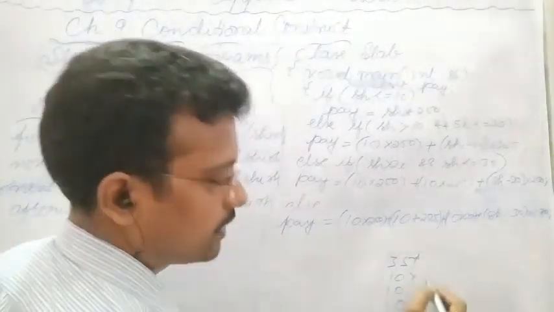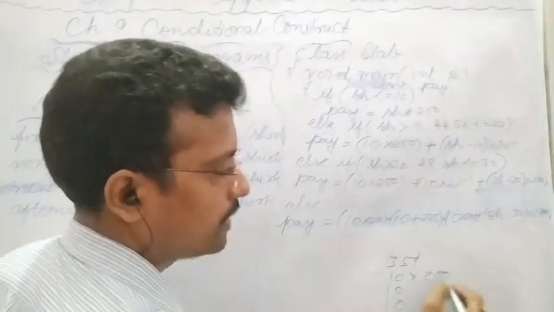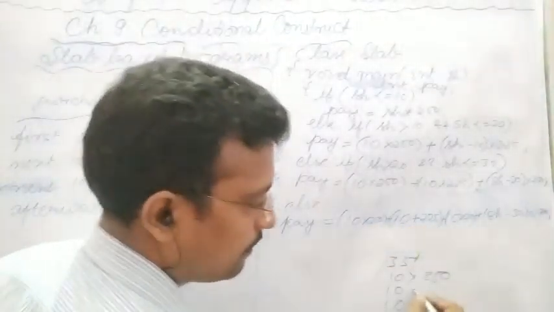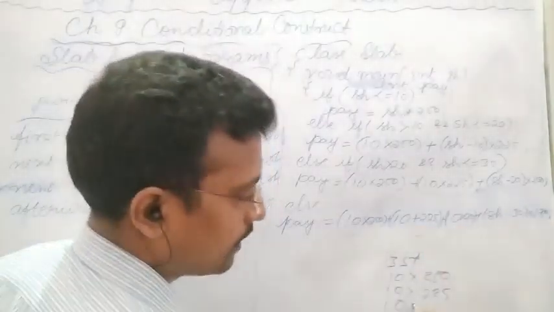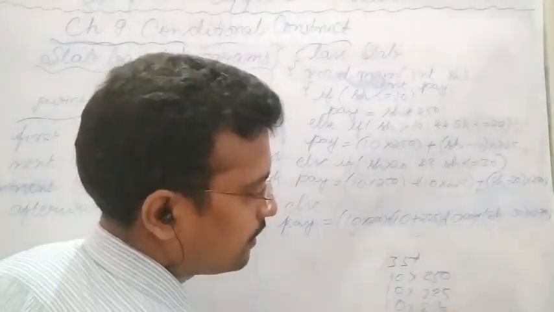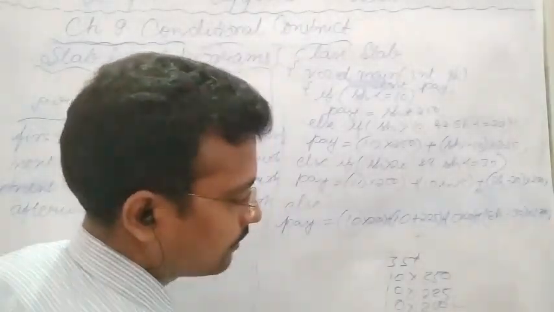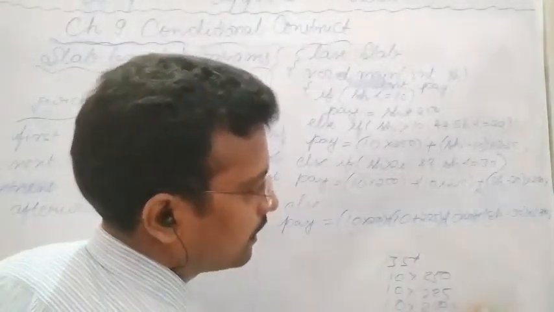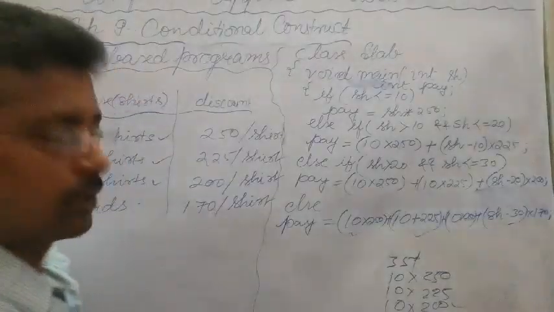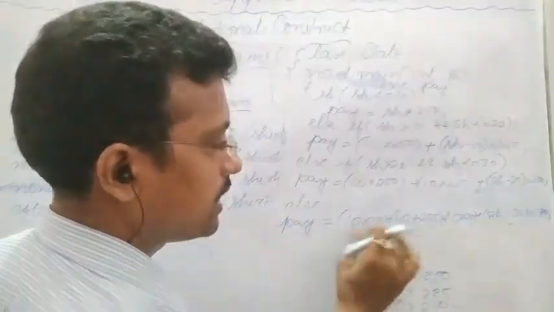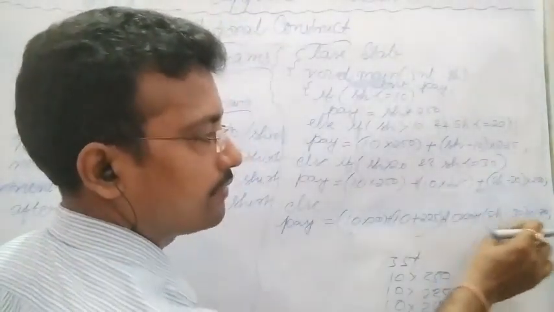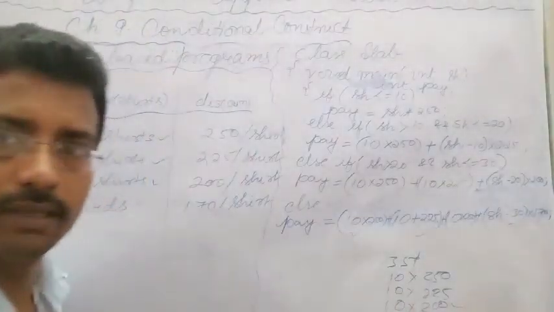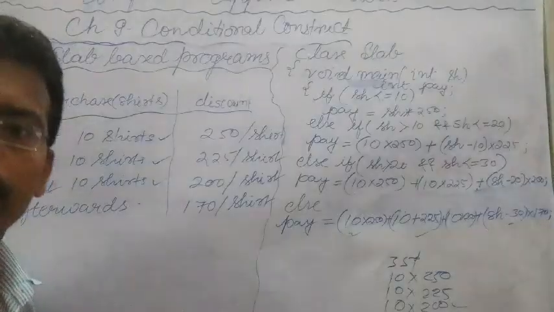The first will be calculated with 250 rupees, the next with 225 rupees, the next with 200 rupees, and the last with 170 rupees. So 35 minus 30, since 10, 10, 10 is 30, leaves 5, which will be multiplied with 170. This way your slab based calculation is done.